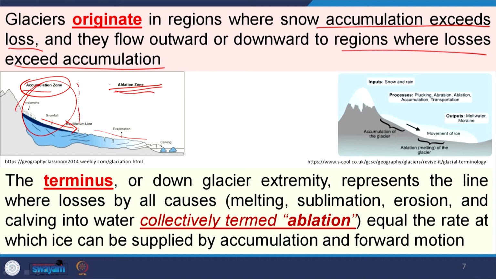In between there is a line that is called the equilibrium line. Equilibrium line means the loss and gain, or the accumulation and loss, are compensated.